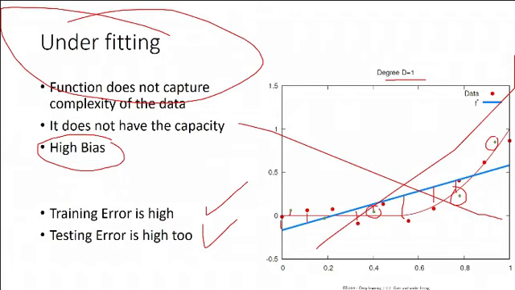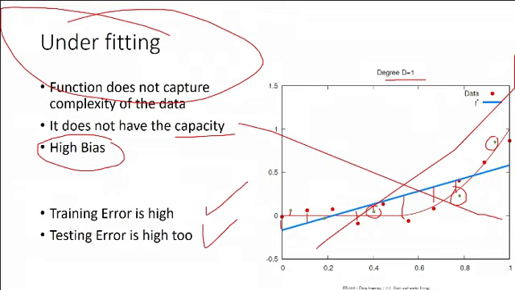Now there's a relationship between capacity and high bias. What do we mean by high bias? It means that I have determined, before even starting to look at the data, what the relationship between the function and the data itself could be. I'm biased about it.